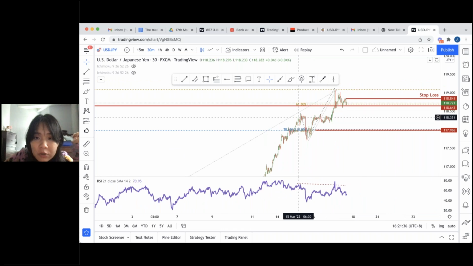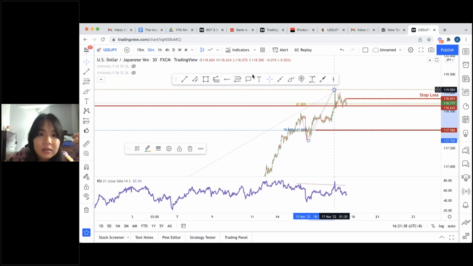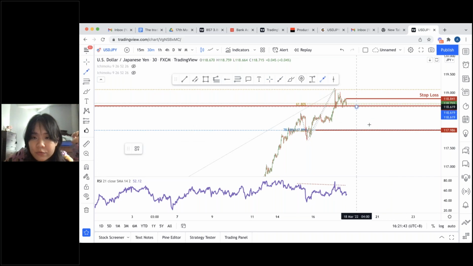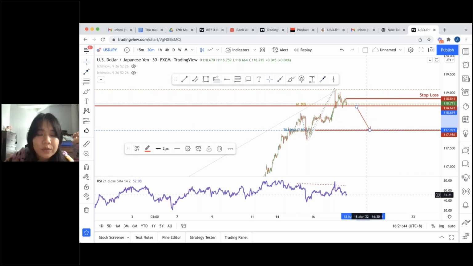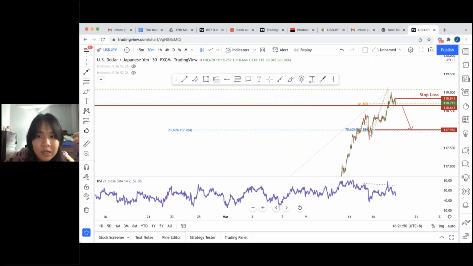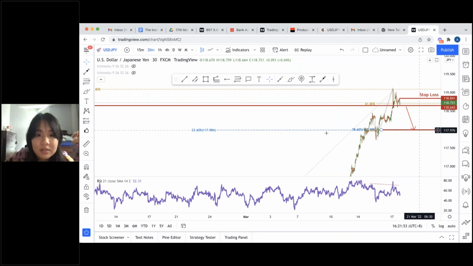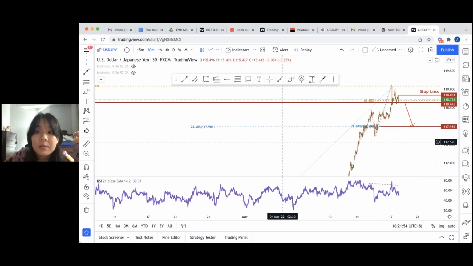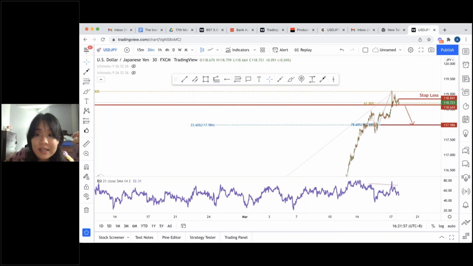The divergence on the hourly did not take place, but the fact that it's been on bullish momentum too far, overdue, might mean it's due for a reaction. So for USD JPY, there's a potential for a short reaction towards the 23.6%, but this is not guaranteed, not 100%, guys. Trade at your own risk.